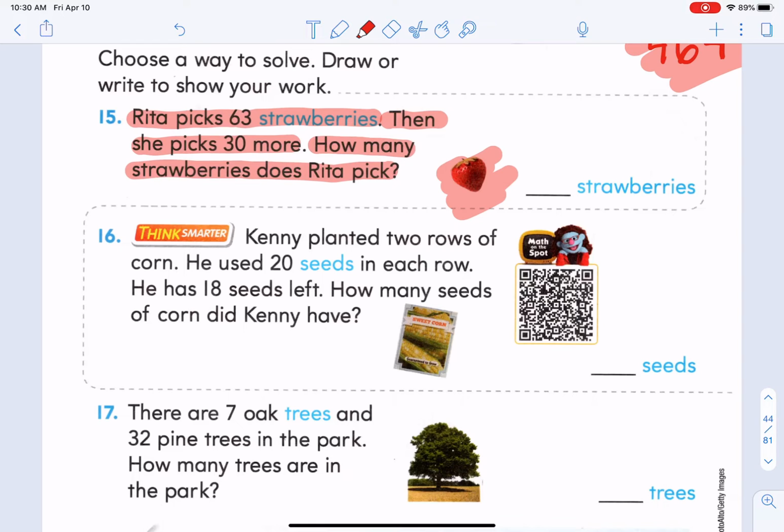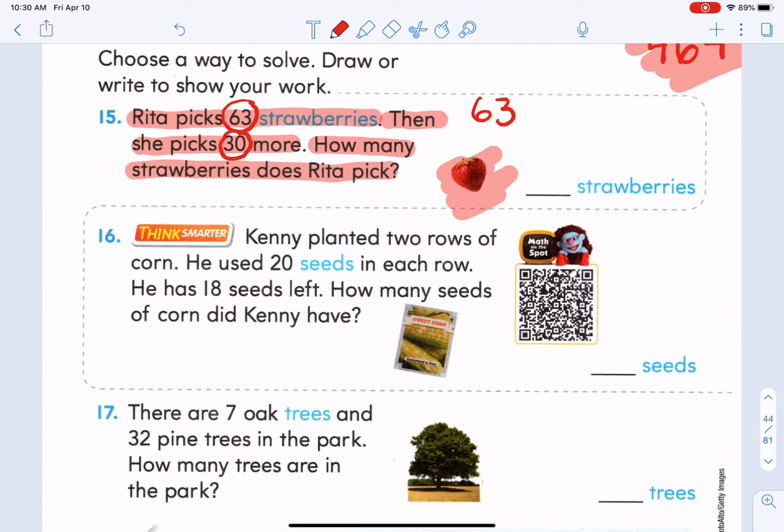Now, I see some important numbers here. Let's circle these important numbers. And what would the number sentence be? Well, we're going to take 63 strawberries because that's what she picks.